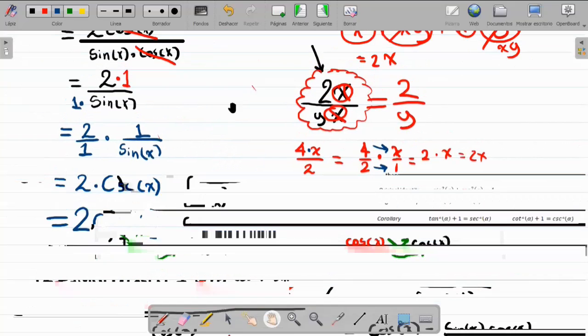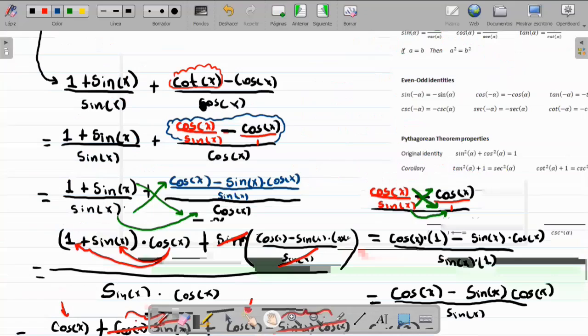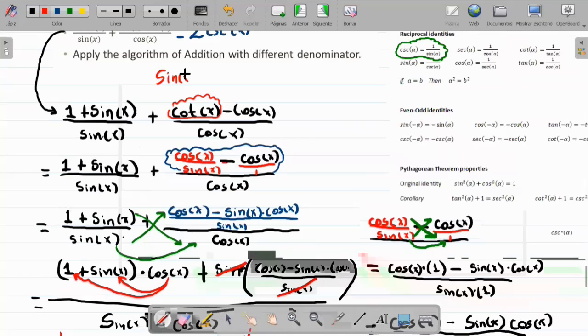I was reading something to make this easier for you, and other books suggest something else, but I don't know if you agree with this. Some books suggest applying a trick called a change of variable. For example, you can say that sine of x is just a, and cosine of x is just b. So instead of working with sine of x and cosine of x, you can work with a and b.